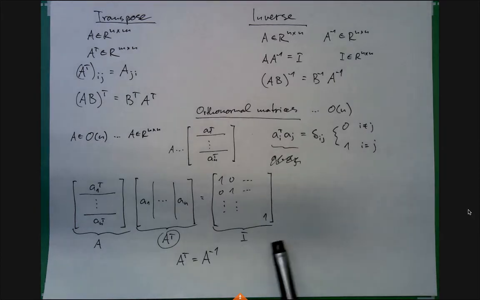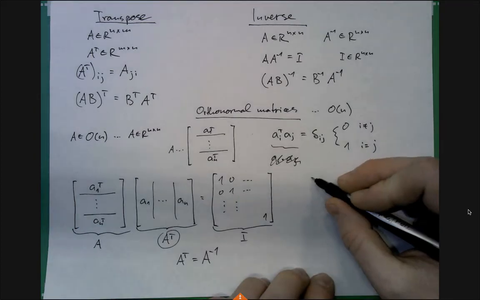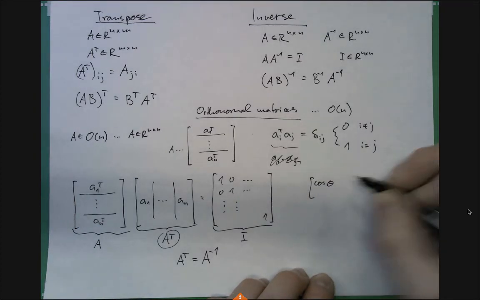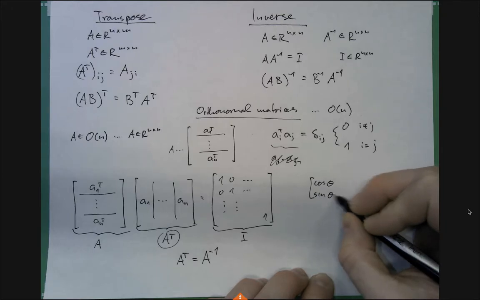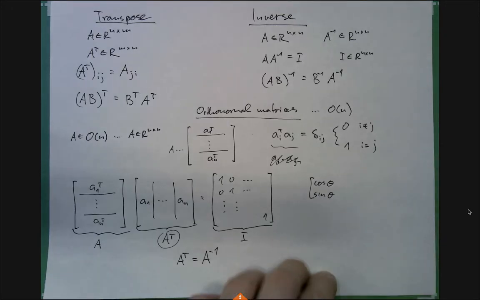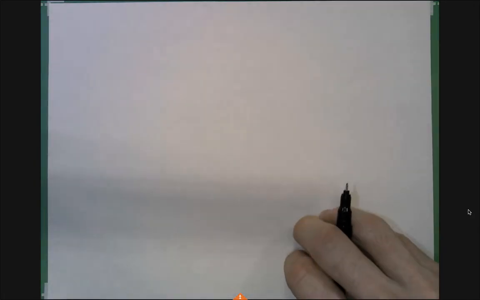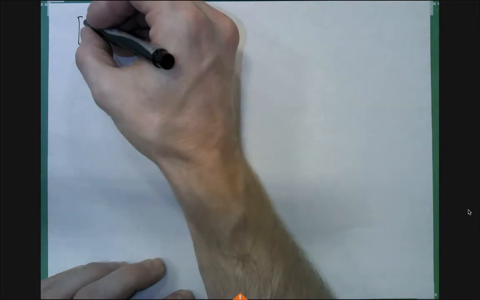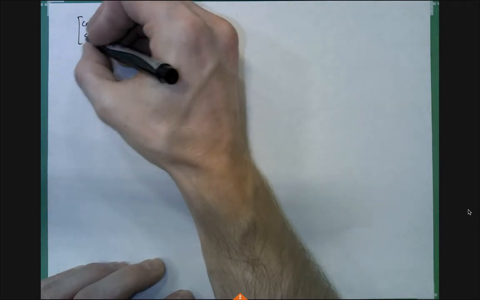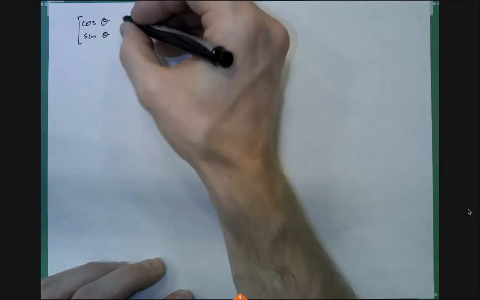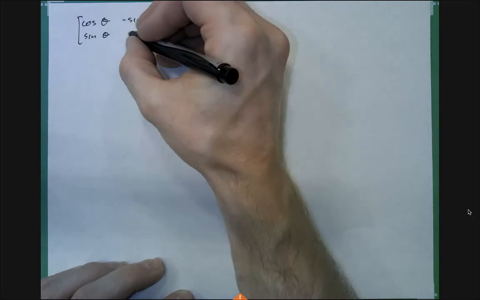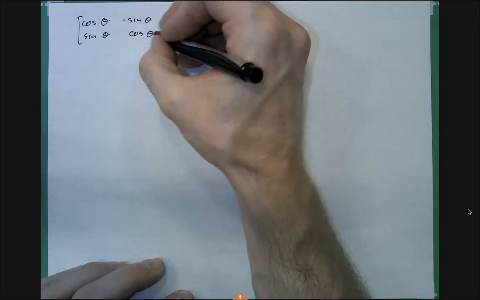So we had some examples of orthonormal matrices. Rotations are orthonormal. If I have a 2D rotation, cosine theta, sine theta, you know what, let me do it on another paper so it doesn't get too messy. Let's take a 2D rotation. 3D will work as well, but it's easier to explain in 2D: cosine theta, minus sine theta, sine theta, cosine theta.